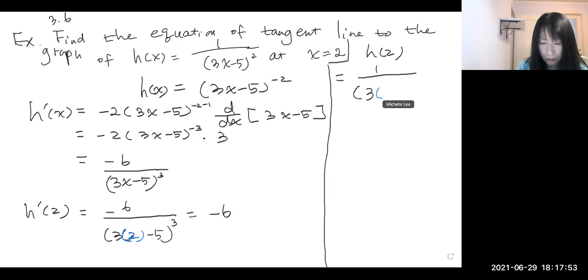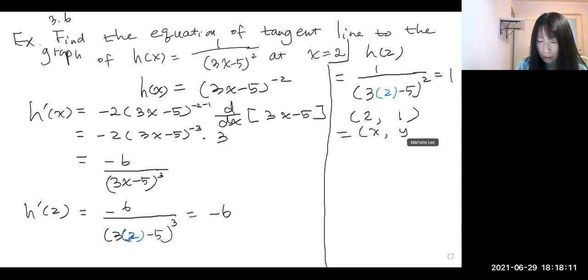Okay. Thank you. Minus 5, second power, it's 1. Okay. Then there is the 2 and 1, a pair that is the corresponding x, y, right? So basically x sub 1, y sub 1.